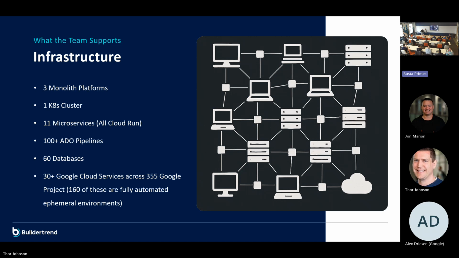So thanks, John. Yeah. Here's a little snippet of our infrastructure. We don't have to review everything, but just to understand the scope, we have 3 monolithic platforms. We're talking about one of them today, which is Buildertrend, and the others came through acquisitions. 60 databases, 11 services. When we build new services, we go cloud native, as Thor mentioned.